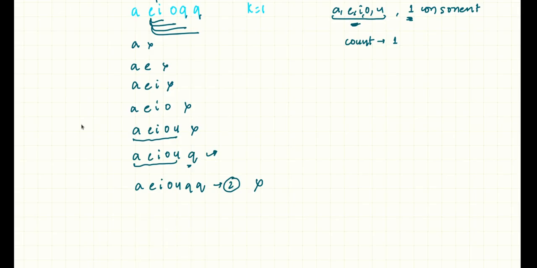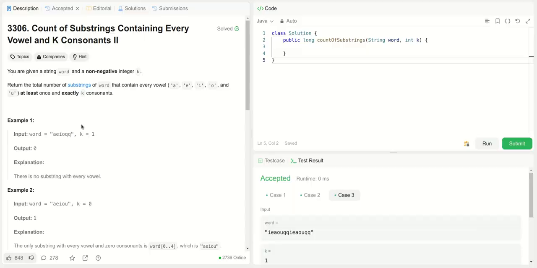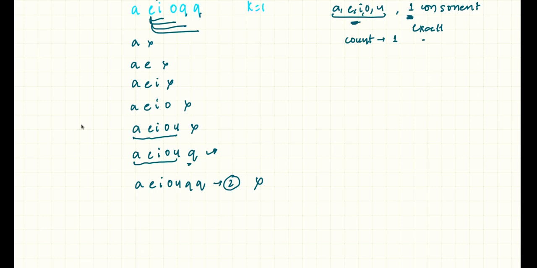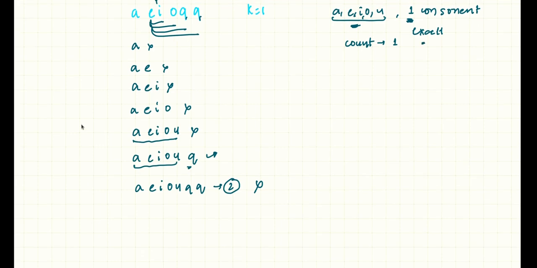We have a strict constraint on the consonants, right? So instead of having exactly k consonants, we can relax our problem. Instead of saying exactly k consonants, we can rename the constraint to have at least k consonants. So if you have at least k consonants, let's take a e i o u q.